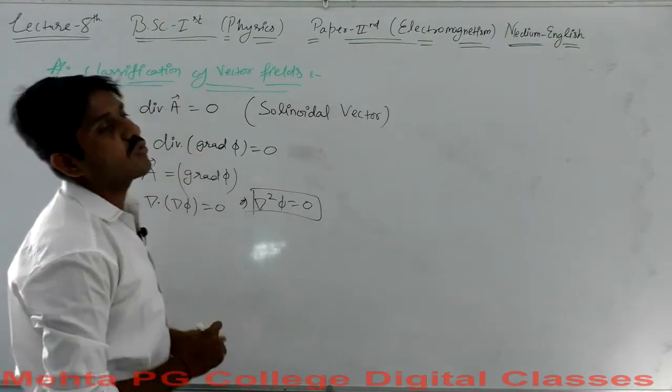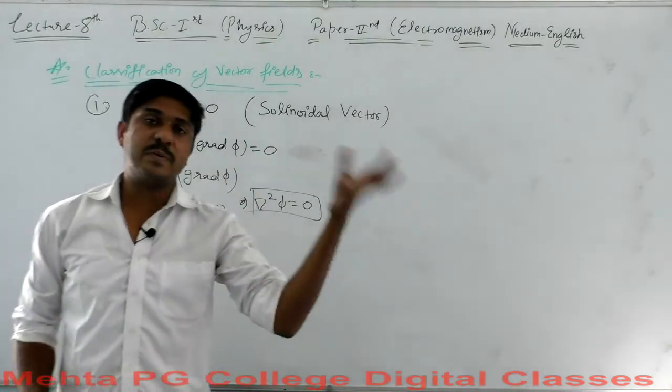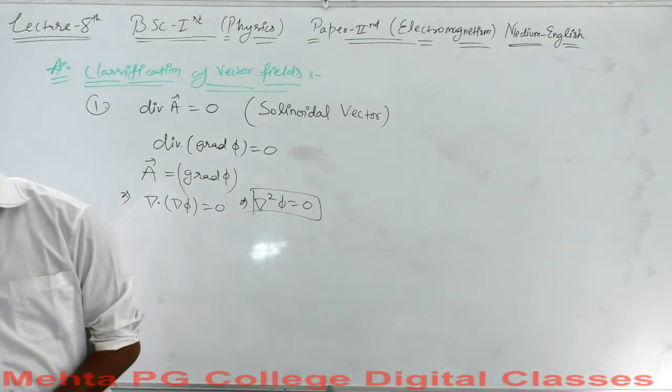A solenoidal vector is the vector for which the divergence of that particular vector field approaches 0.